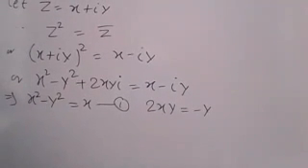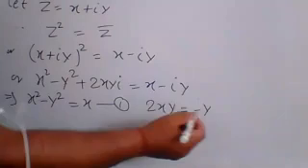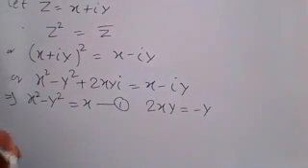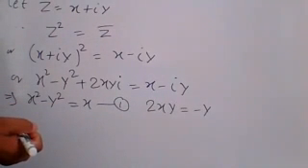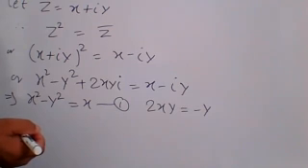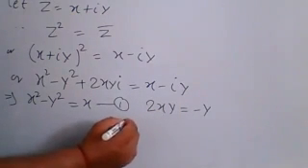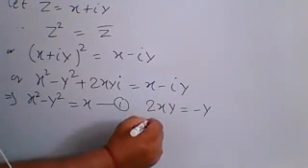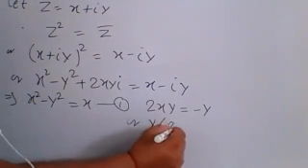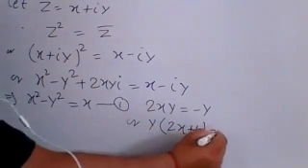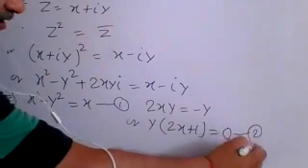Generally here you have y and y and you cancel it, but here you can't cancel because there is a possibility that the value of y may be 0. Understand? You can cancel only those numbers from both sides which are not equal to 0. So here you write, taking y common, 2x plus 1 is equal to 0, and this is your second equation.